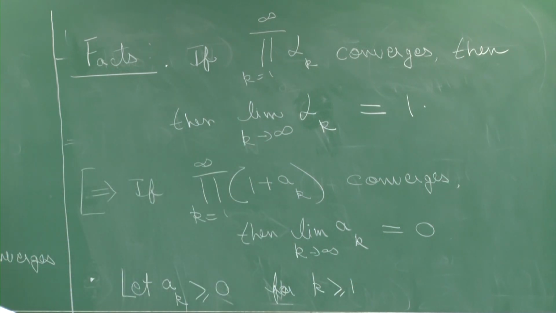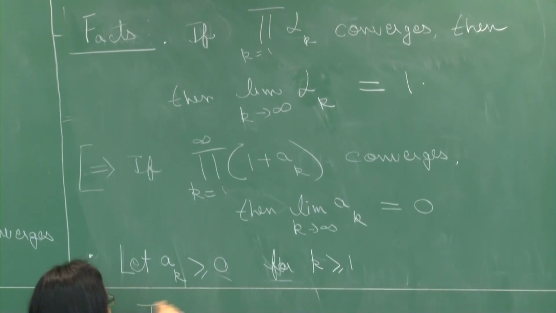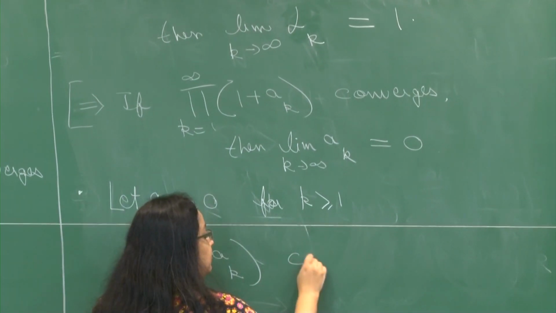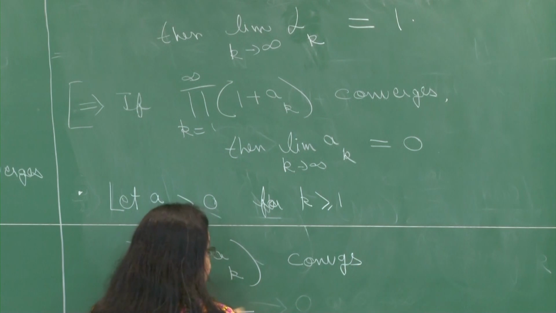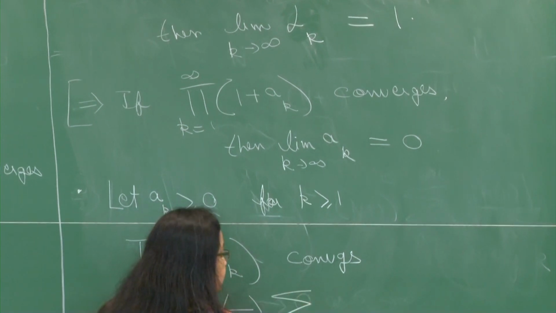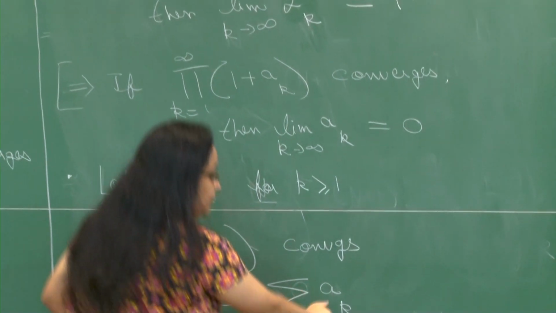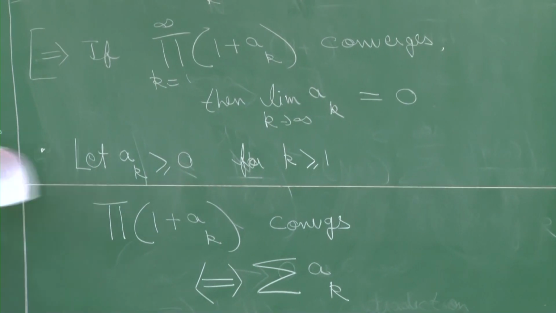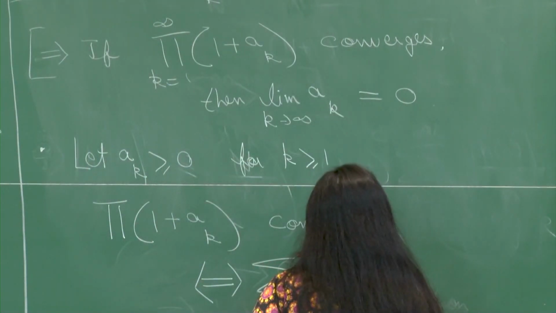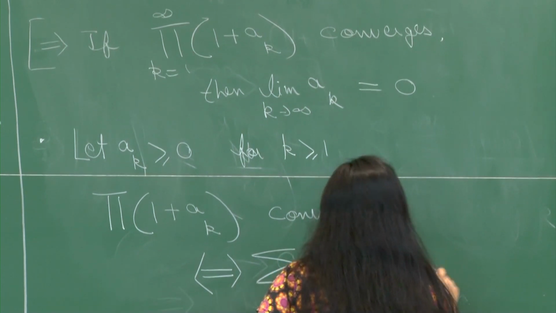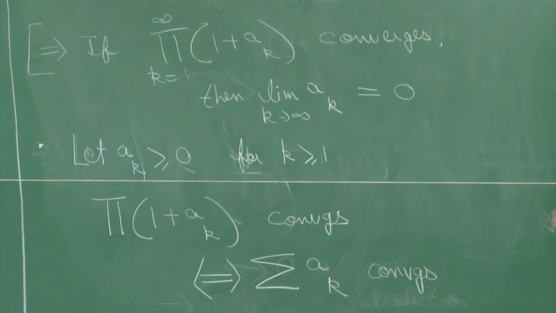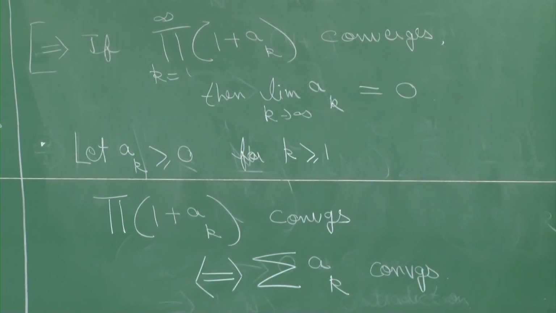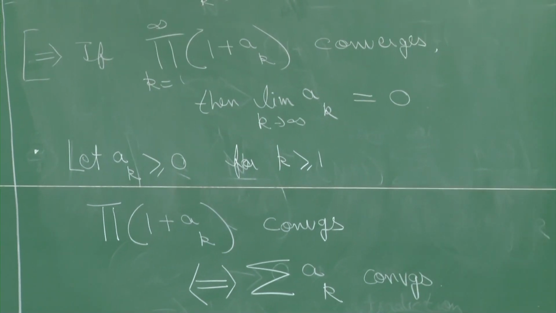Then the product of 1 plus a sub k converges if and only if the infinite series coming from a sub k also converges. So this is how you show the equivalence between absolute convergence of infinite products and corresponding absolute convergence of the infinite sums.